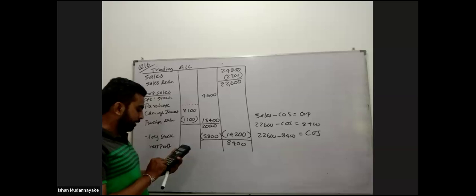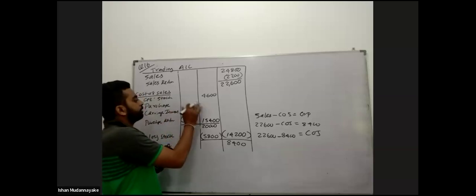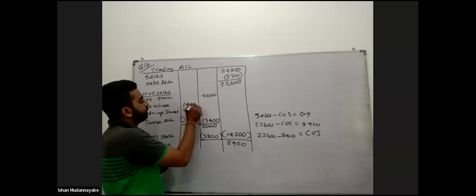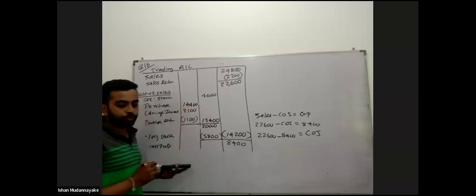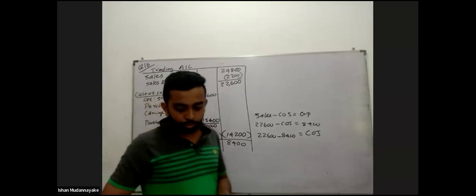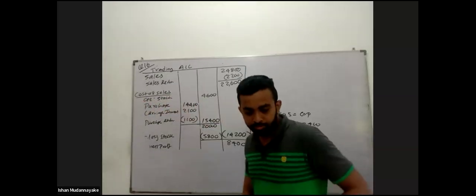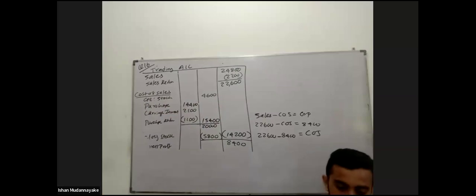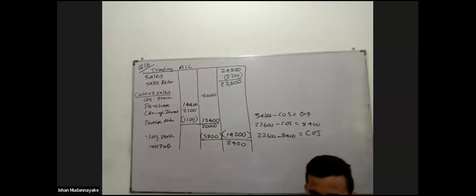Now 14,400. 14,400 purchases during the period. Total purchases of the business organization. That is the answer.